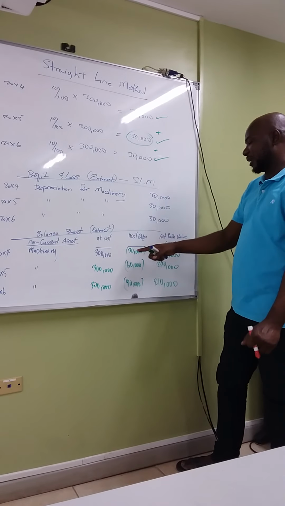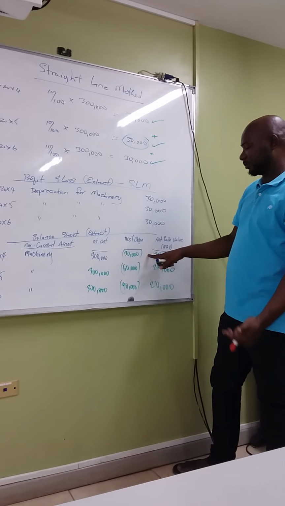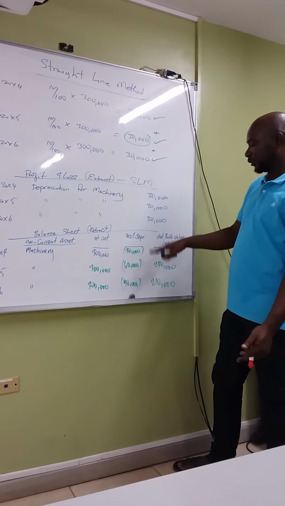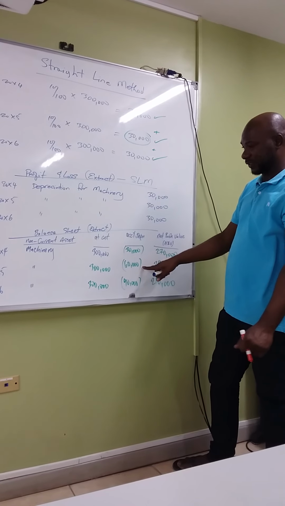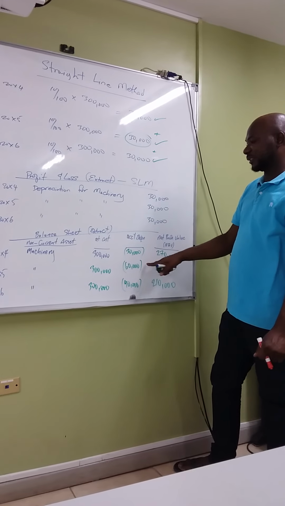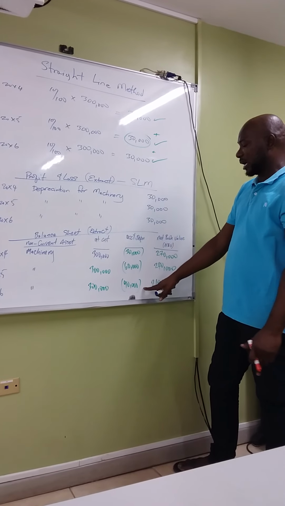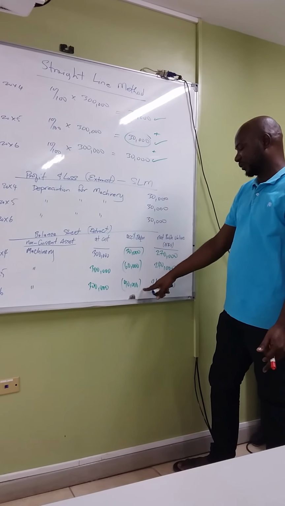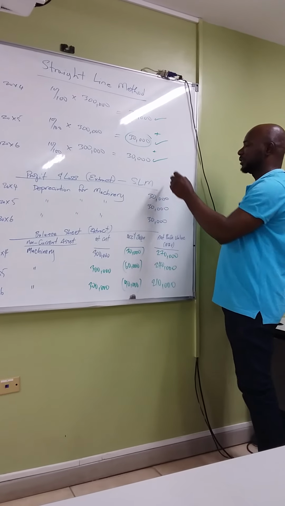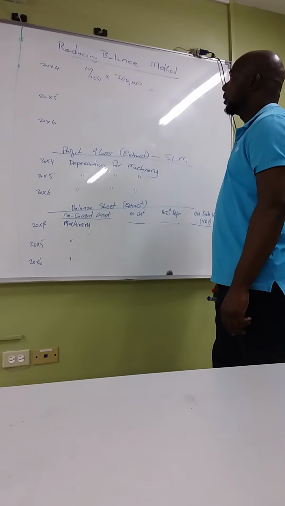For year 1, the accumulated depreciation was what? $30,000 because there was nothing to add to previously. For year 2, it's going to be the $30,000 from 2004 plus the $30,000 for 2005 to give you $60,000. For the third year, it's going to be all 3 years added together, or the $60,000 plus the $30,000 gives you $90,000, right? That gives you $90,000.